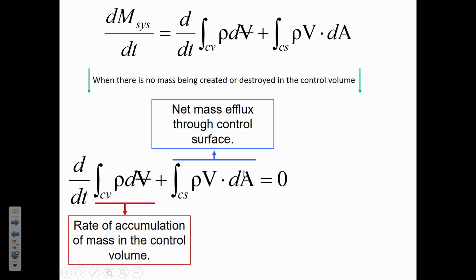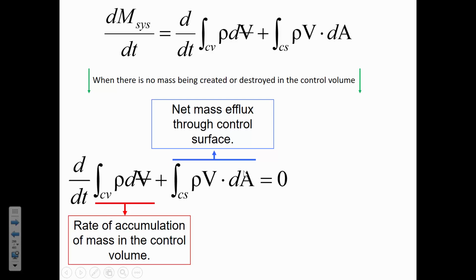In other words, I think in class previously I really simplified things and I said accumulation equals in minus out. And so what this is saying is in minus out on one side of the equation, and then we would say, I guess, minus accumulation is equal to 0.